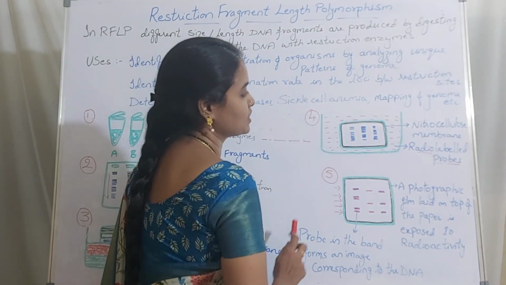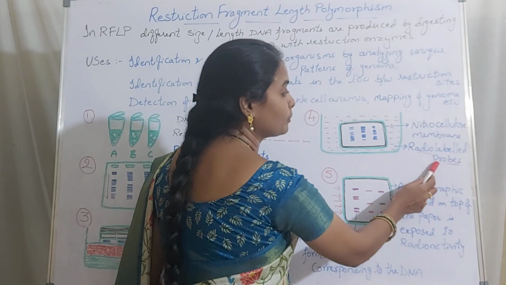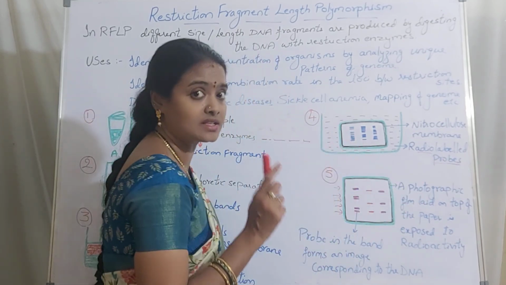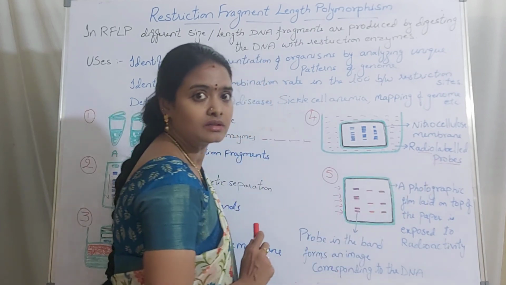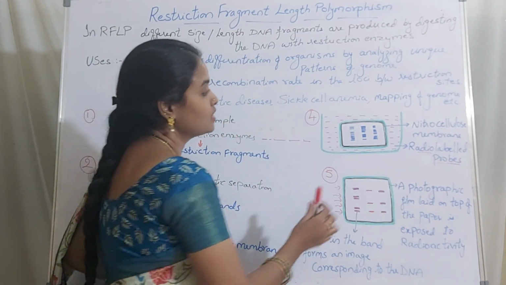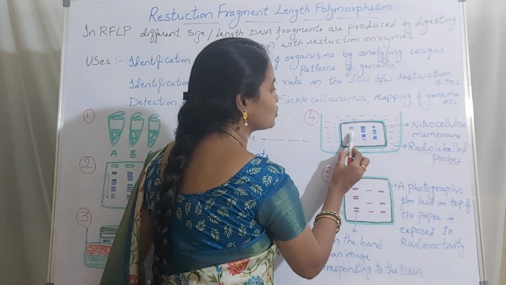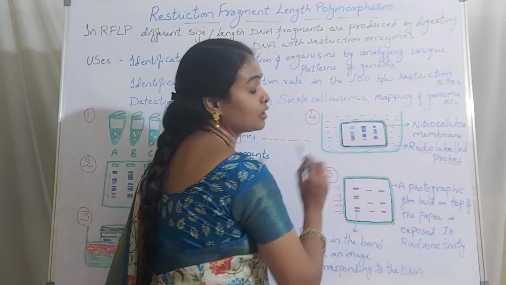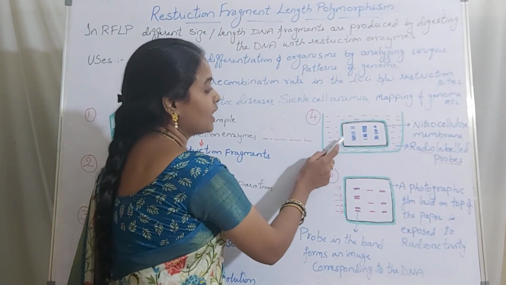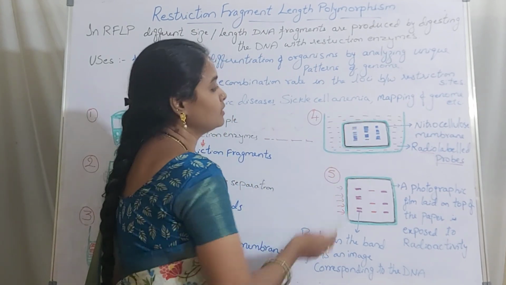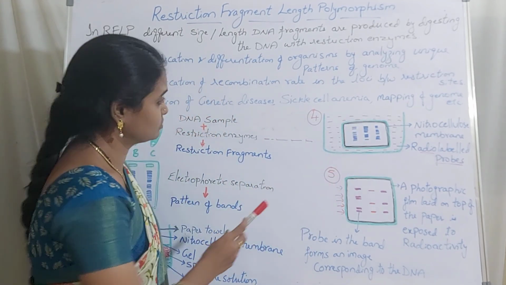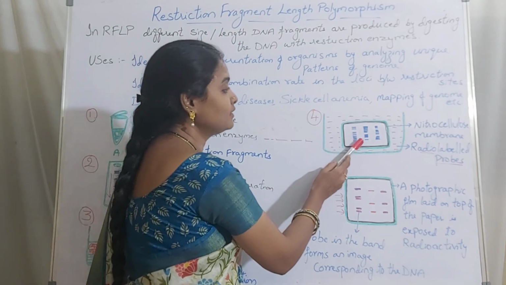After incubation, as the probes are complementary to the specific DNA site that you want, only those complementary DNA molecules you have created go and bind to them. After the incubation, you take out this nitrocellulose membrane and wash it so that the untagged probes are removed.